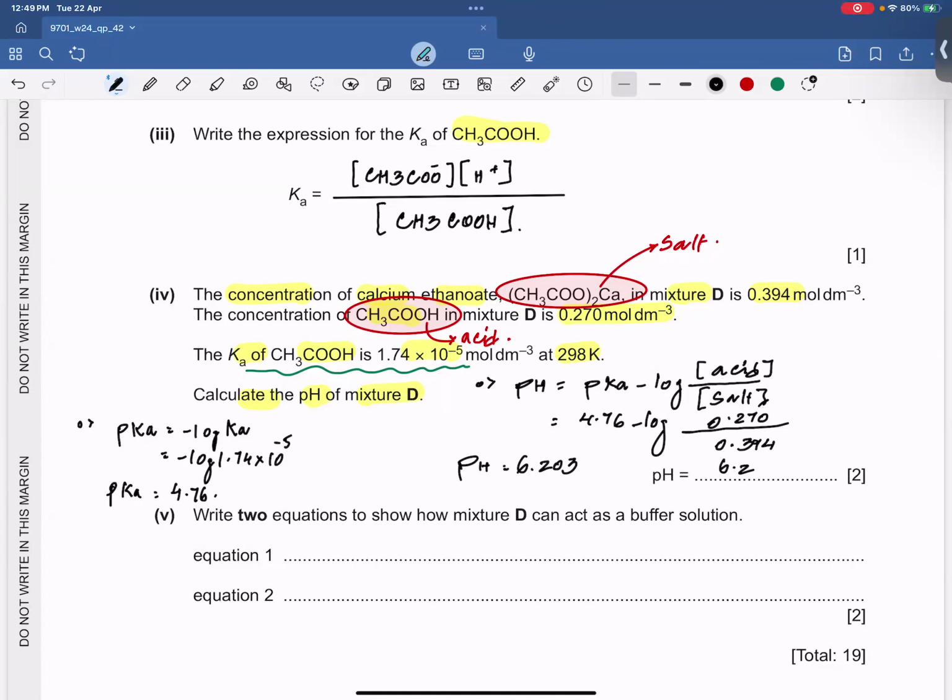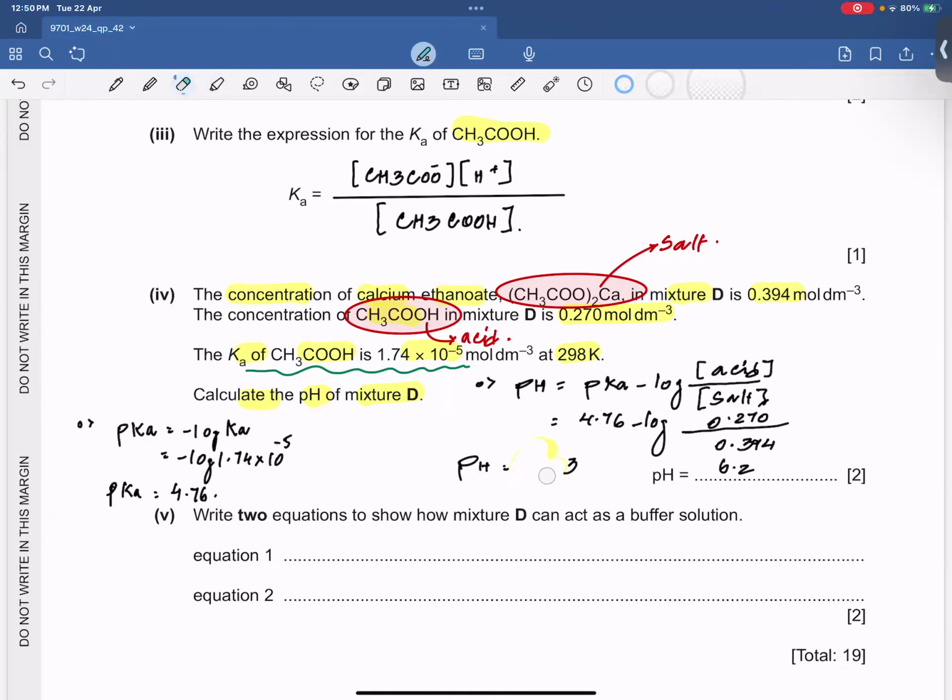Hold on. I've got the wrong value actually.